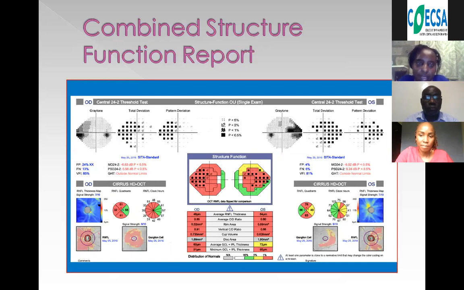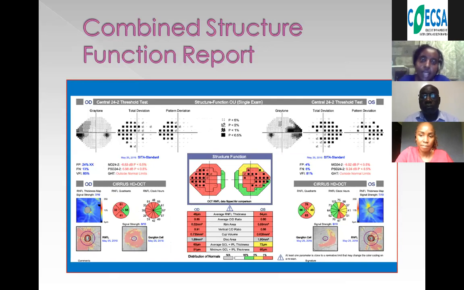It combines the structure-function report with the OCT. Some machines like the Zeiss can combine the OCT and the visual field, and at a glance one can actually see the corresponding areas of where the nerve fiber layer is affected and the corresponding visual field effect.